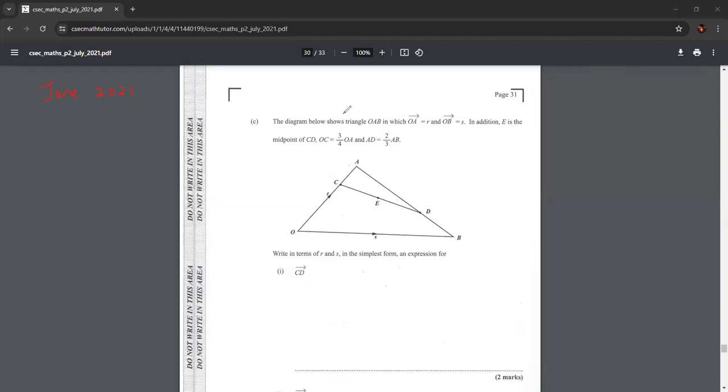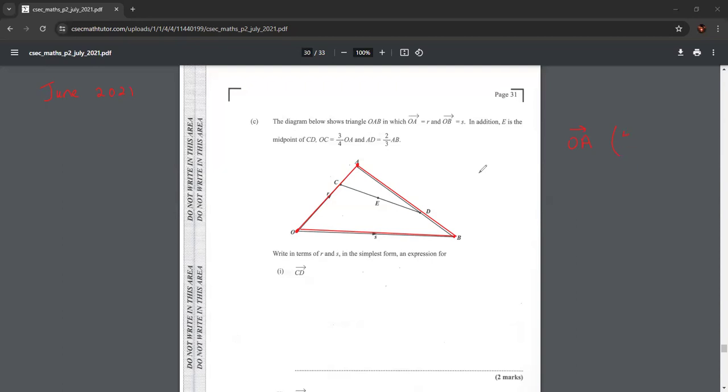All right, so for this one, they gave us the diagram below, which shows the triangle OAB. It says OA is equal to R. So instead of giving us the values like this, they gave us a letter to represent it.